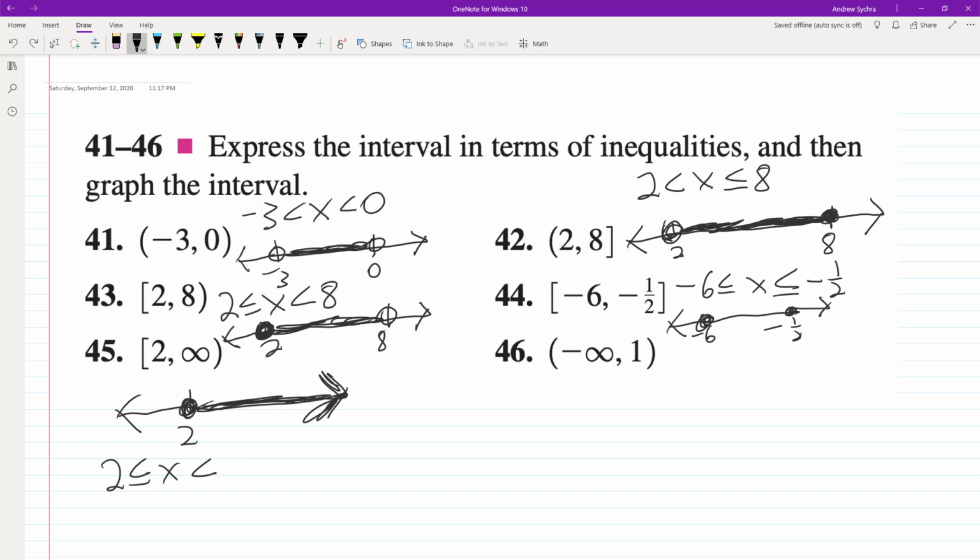And here, you can't have less than or equal to for infinity values. All right, so then less than 1. So it goes off into oblivion. And then we just have 1.